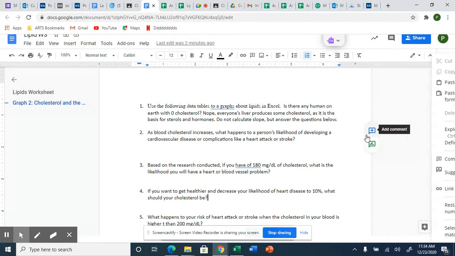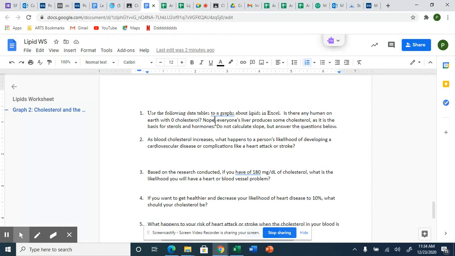Is there any human on Earth with zero cholesterol? The answer is nope. Everybody needs cholesterol. I think I've talked about this before, but our cells are made up of lipids, and they form the boundary that keeps all the good stuff inside, and they're like gatekeepers.